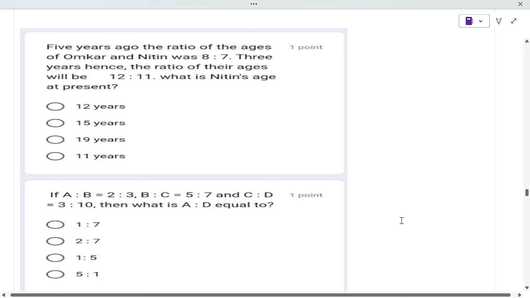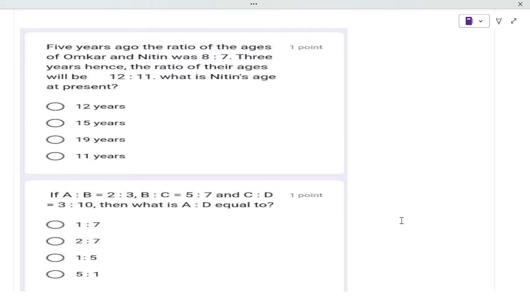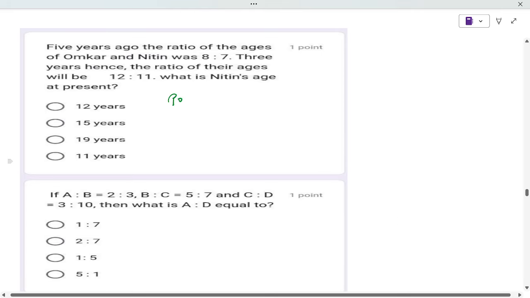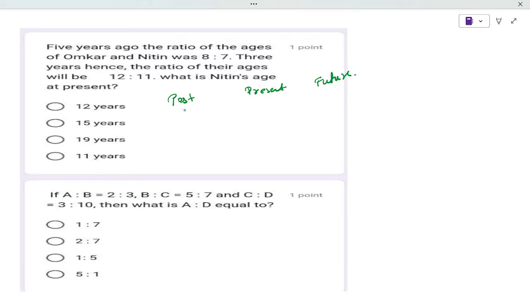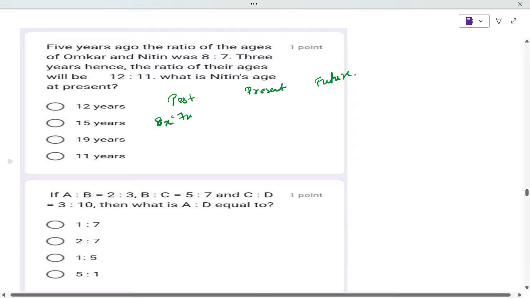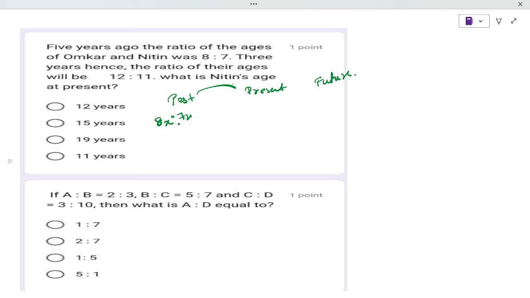Next one is from ages, or we can say ratio and proportion. 5 years ago the ratio of the ages of Umgar and Nidin was 8 to 7, so 8x and 7x. Five years ago, so present will be 8x plus 5 and 7x plus 5.